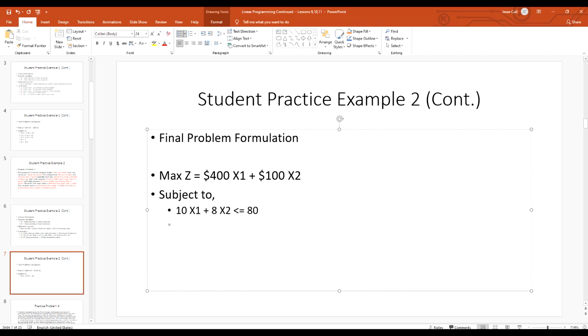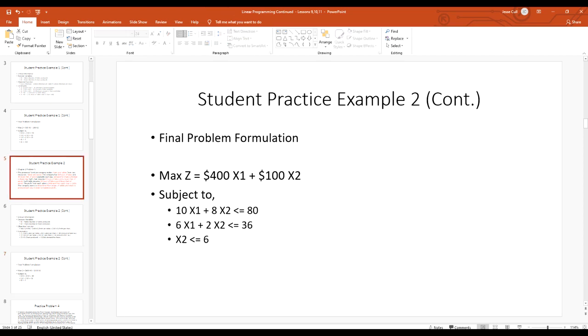We repeat the process for 6x1 plus 2x2, and that's less than or equal to the 36 board feet we have available per day. Finally, x2, the amount of chairs, must be less than or equal to 6, which is the daily demand for chairs.